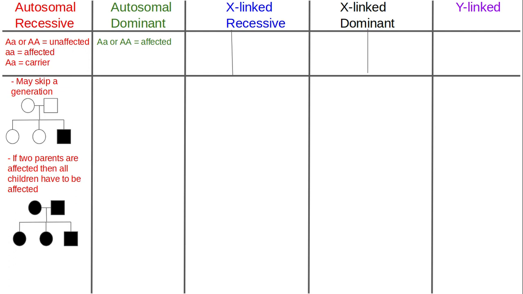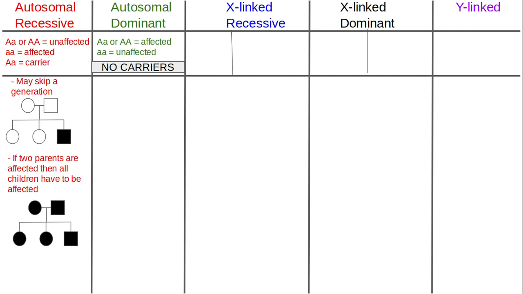In autosomal dominant, same idea. We're looking not at anything connected to X's, but simply big letters and little letters. The difference between autosomal recessive and autosomal dominant is that now, instead of having two little letters meaning you're shaded in on the chart, you are now unaffected. And if you have a big letter at all, you carry the disease.